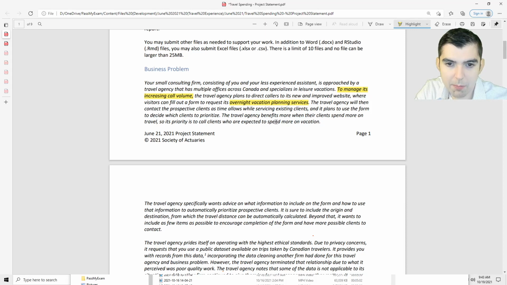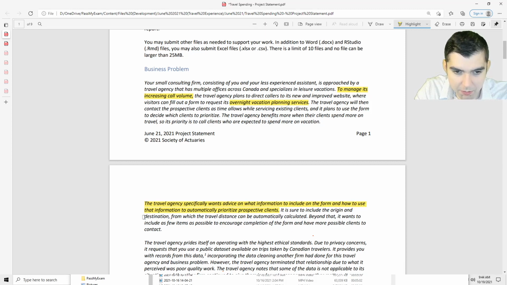The travel agency benefits more when their clients spend more on travel, so its priority is to call clients who are expected to spend more on vacation. This travel agency specifically wants advice on what information to include on the form and how to use that information to automatically prioritize prospective clients. It is sure to include the origin and destination.